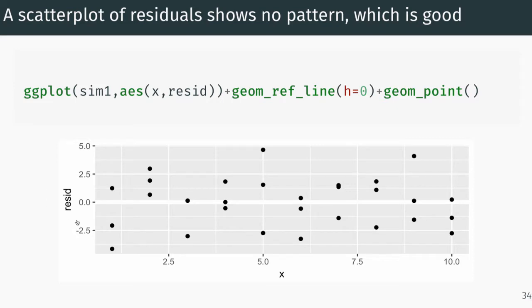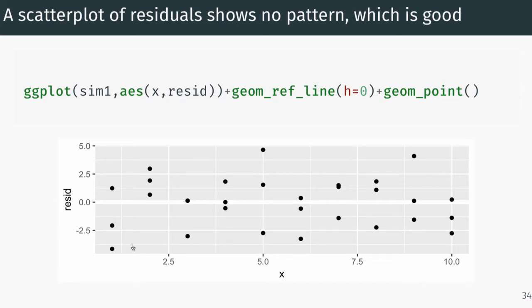In other words, there's no way that I can predict the y value based on the x value. The distribution is the same all the way across here. Knowing that this value is 8 or 9 doesn't tell me that this value is minus 1.5.